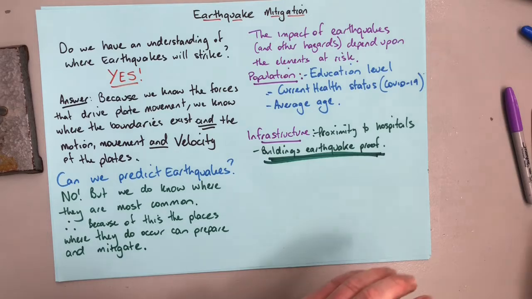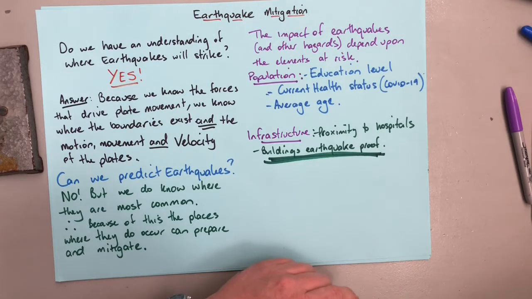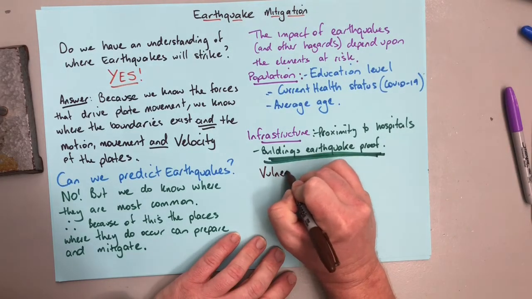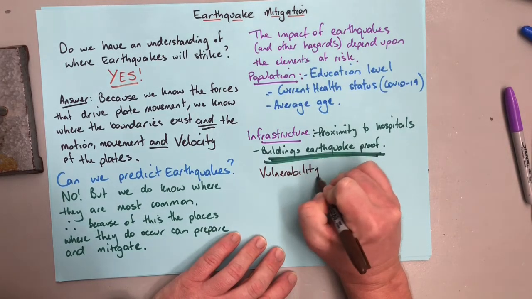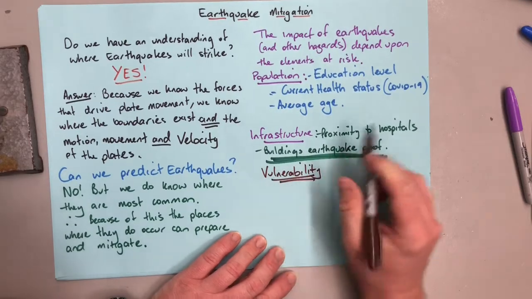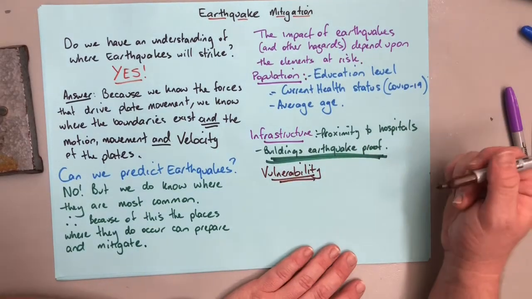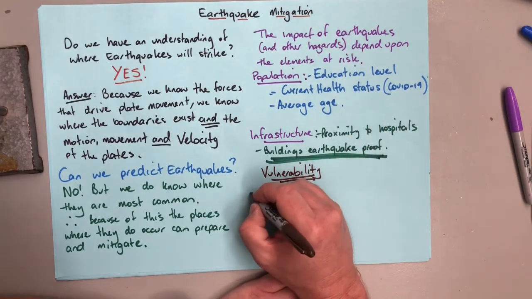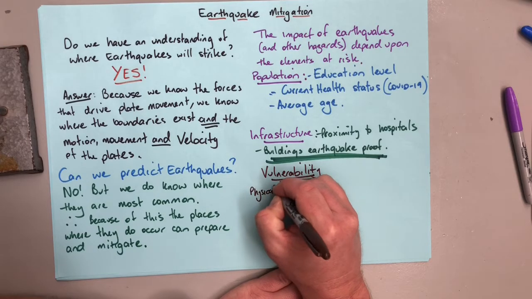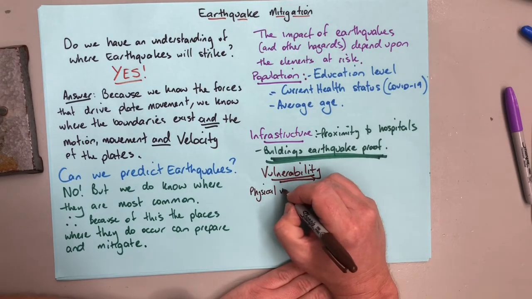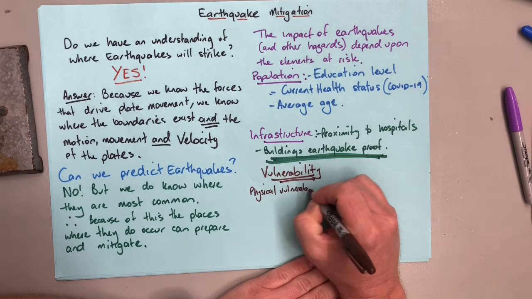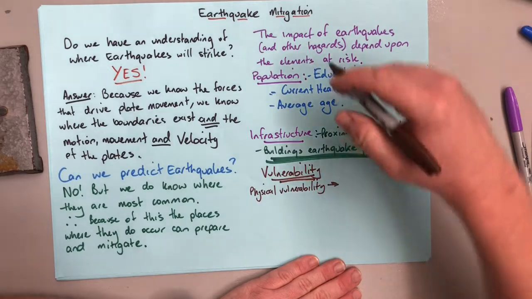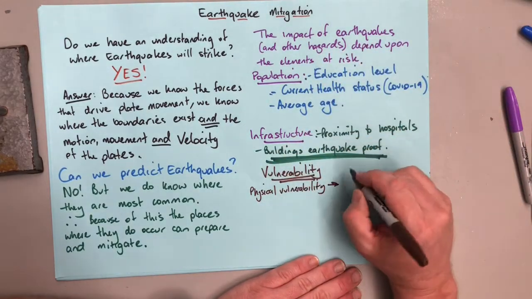I will talk very quickly about vulnerability and vulnerable groups. Some groups are very vulnerable. We think about the different types of vulnerability that we've got. There's physical: the buildings might shake and the building structures might actually break themselves.